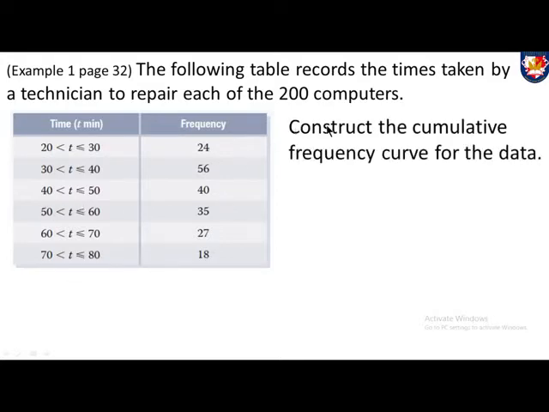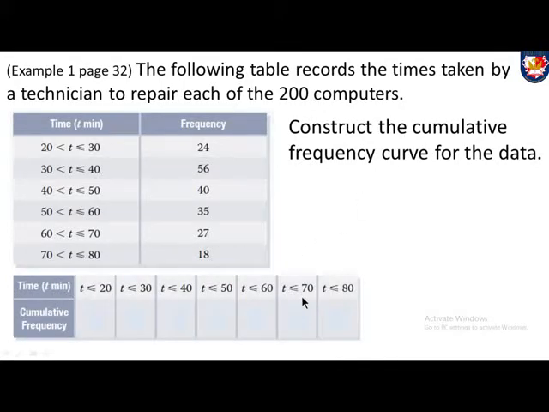Now we're going to construct the cumulative frequency curve for the data. The first thing before we construct the curve is that we need to construct the cumulative frequency table. In the previous example, I told you how to make a cumulative frequency table vertically. In this particular table, we're going to make it horizontally, like this one.